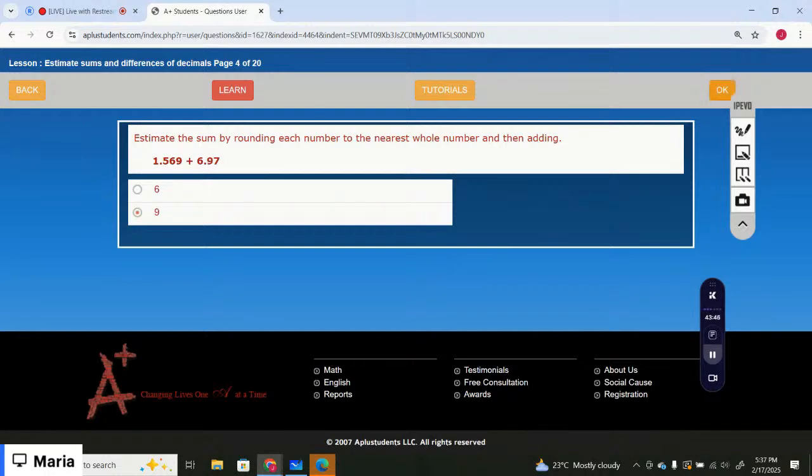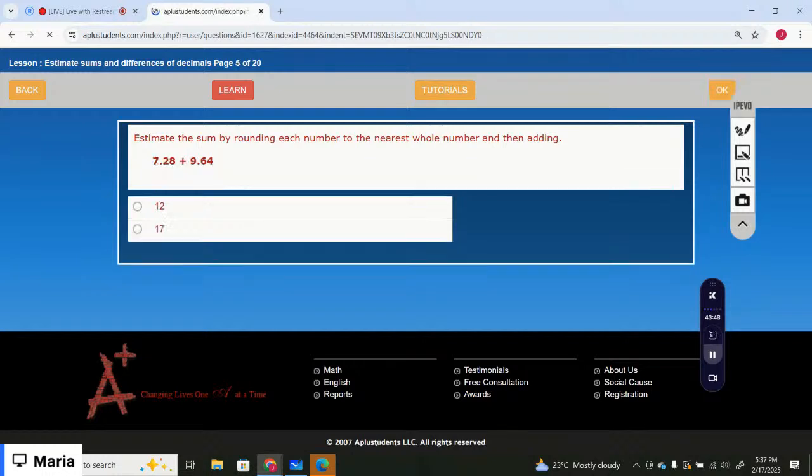Option number 2 is the correct option, that is 9. Option number 2 is the correct option, that is 17.